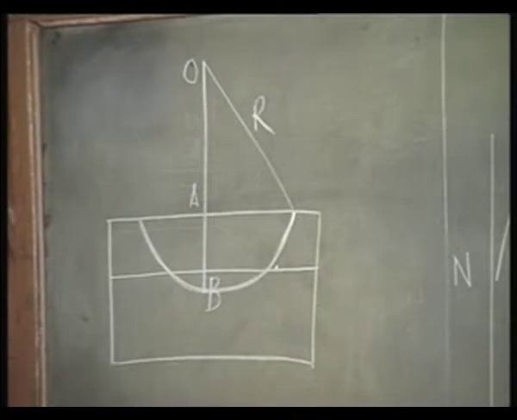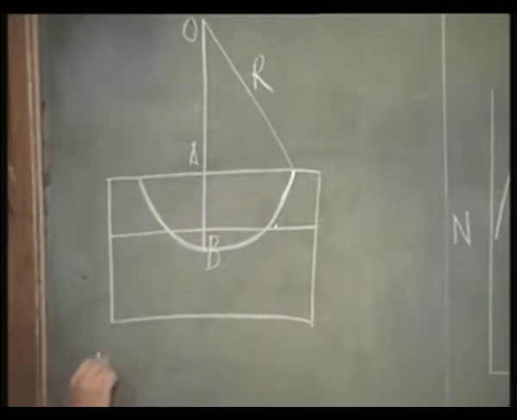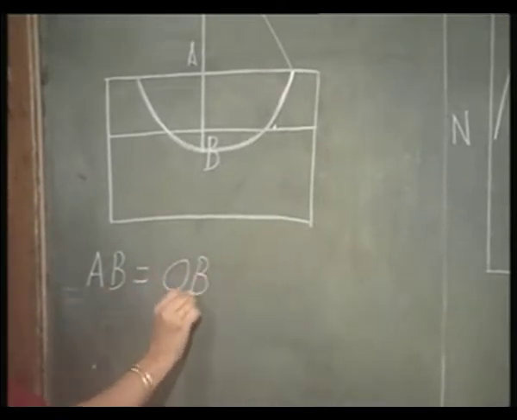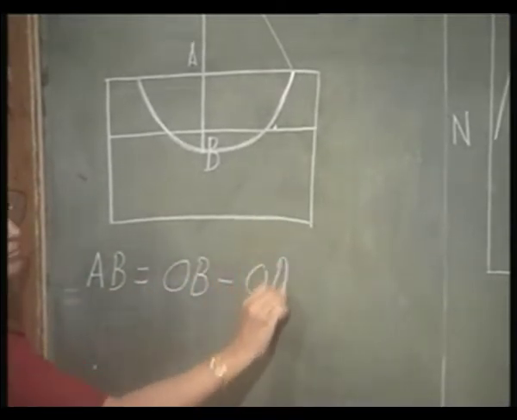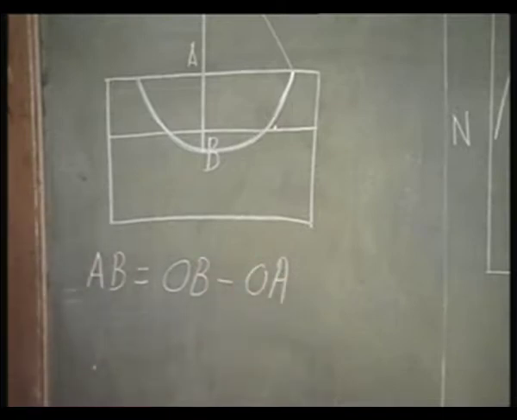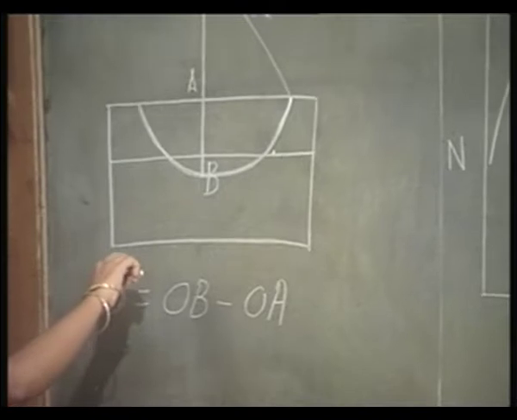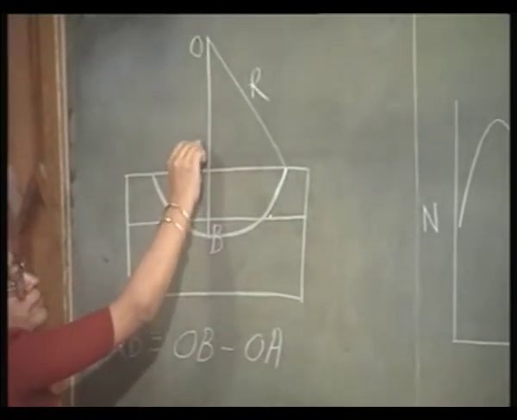I can write this AB as OB minus OA. Now, let me see what is OA.